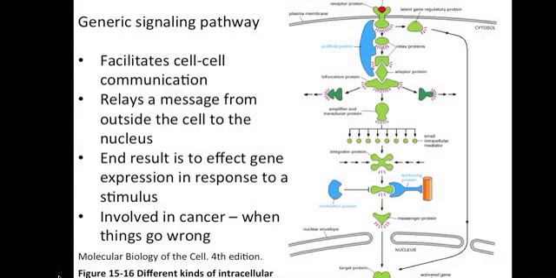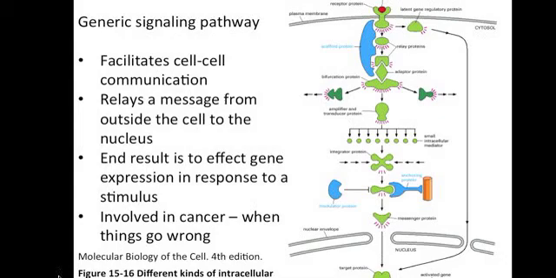At the top, you have a signaling molecule bound to a receptor, and then there's a relay of proteins from the cell surface all the way to the nucleus, and their whole point is to pass the message along, usually in the form of phosphorylating each other, creating complexes and phosphorylating something else, all the way down until you have some kind of messenger protein, which we will refer to as the transcription factor, which will enter the nucleus. And the whole point is making that transcription factor able to enter the nucleus.